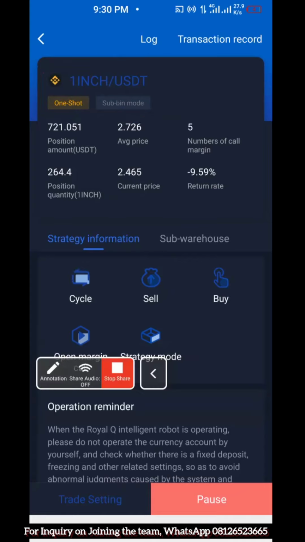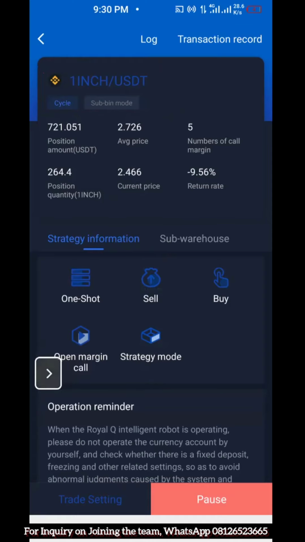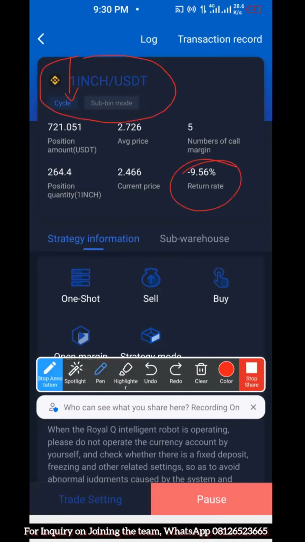But if it is on cycle, once it finishes and takes the profit of 1.1, it's going to enter the market again, starting afresh with $10. Remember, your first buying amount is $10. It will sell all these things, give you 1.1% profit, and open the market again with $10 instead of the full amount that you have here. It starts using all the margins afresh, so the whole trade will start afresh.